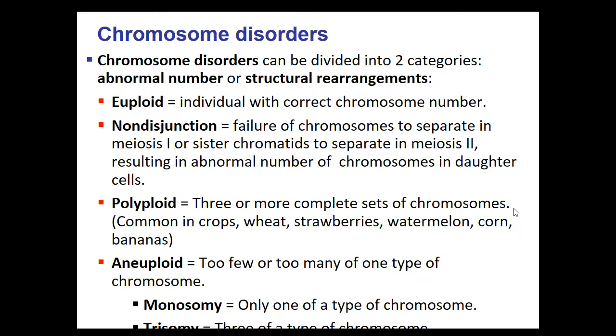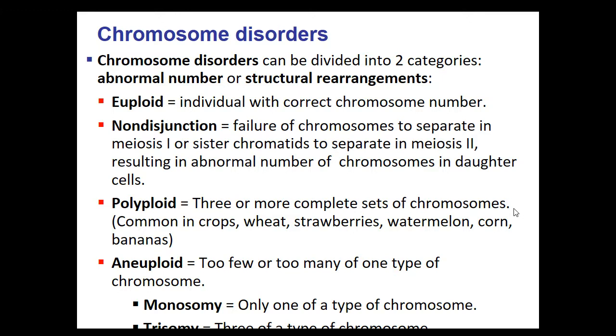We end up with the wrong number of chromosomes in a person. That happens sometimes. This term euploid means an individual with the correct number of chromosomes. Like most of us probably have the normal 23 pairs. This prefix eu means true. So if you have the true correct number of chromosomes, you're euploid.